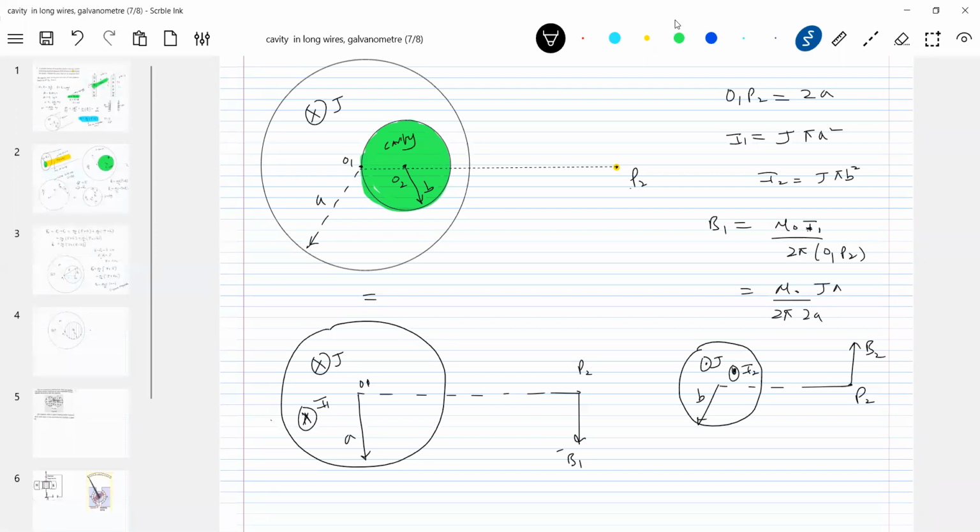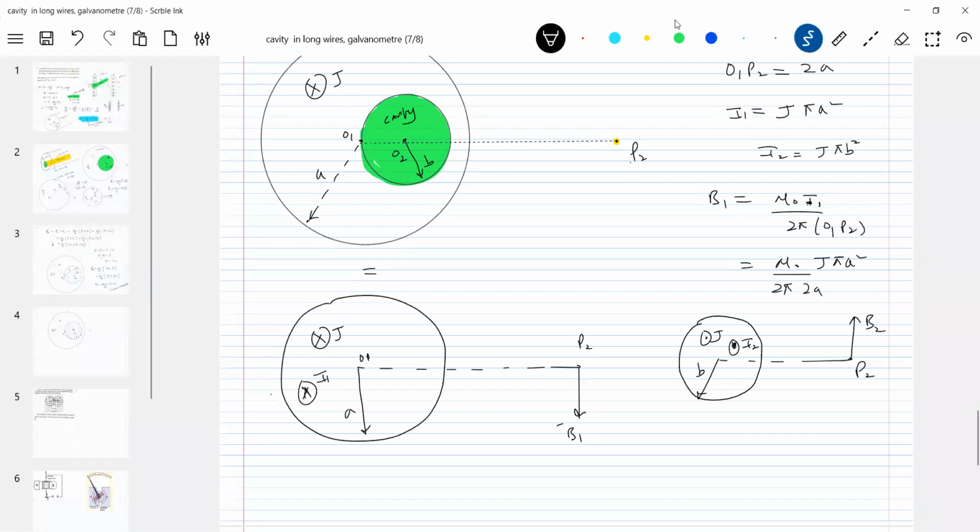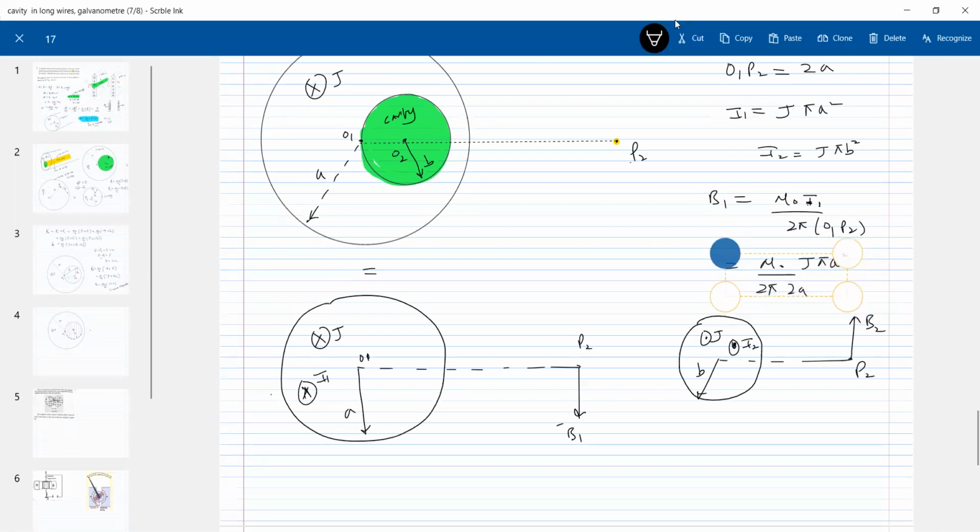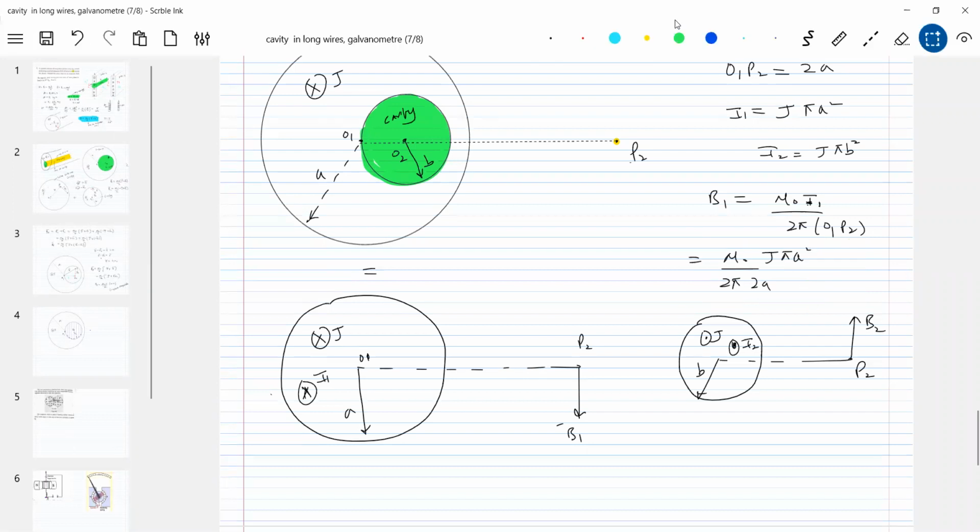I1 will be J pi A square. Substituting this, pi A square will get cancelled, so B1 will be mu naught J A by 4. This is the magnetic field.